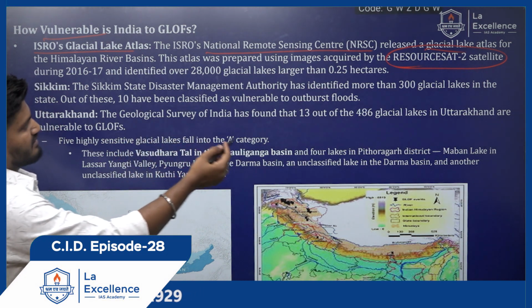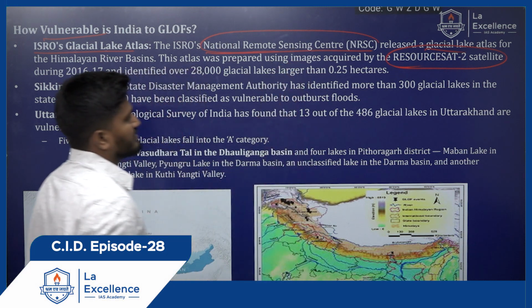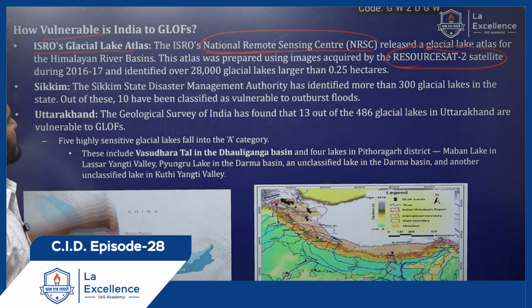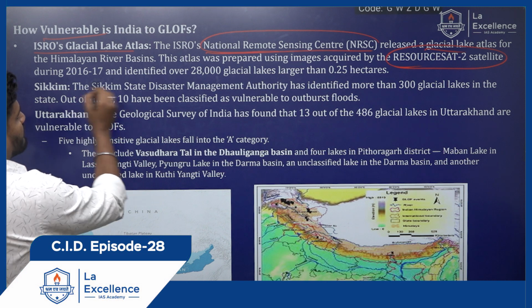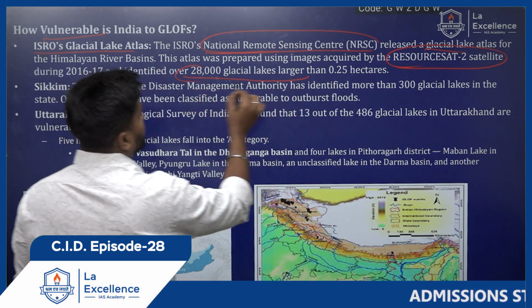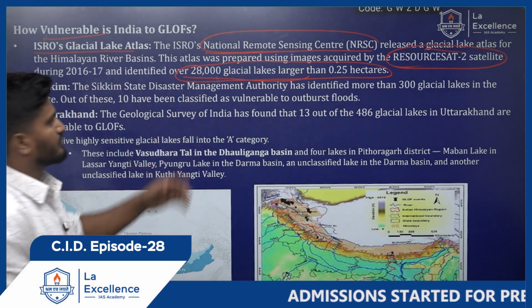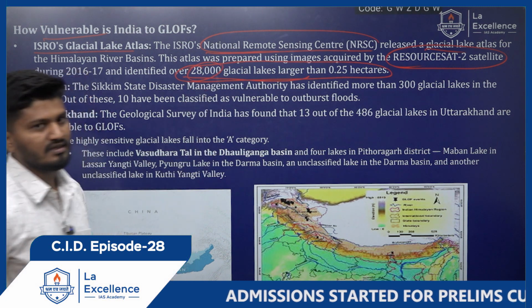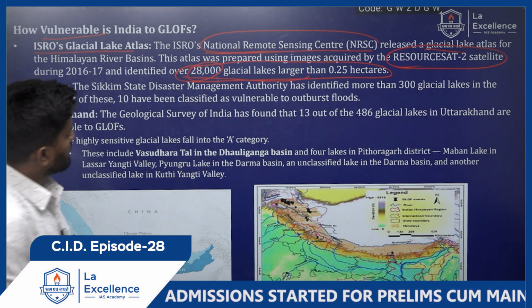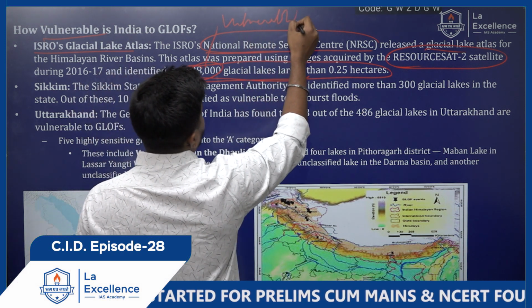With the help of that satellite, the National Remote Sensing Centre, one of ISRO's organizations, created the Glacial Lake Atlas. According to this, it has identified over 28,000 glacial lakes larger than 0.25 hectares. So more than 28,000 glacial lakes are present in the Indian Himalayan region. So the vulnerability is high.